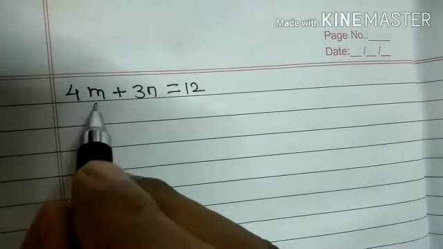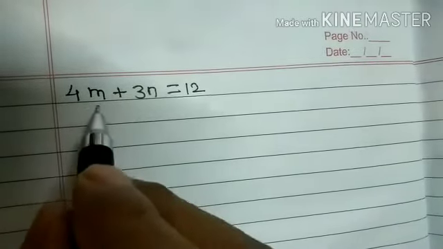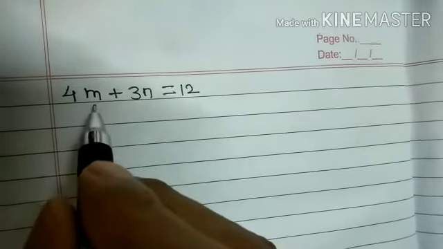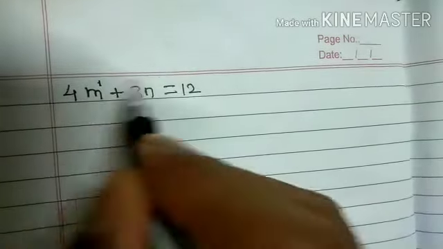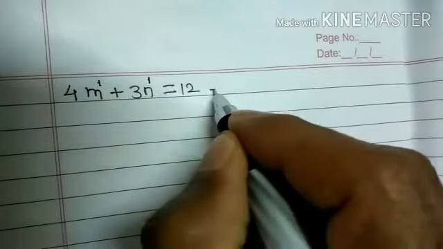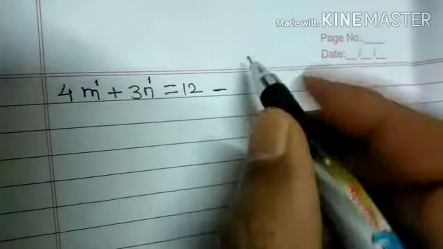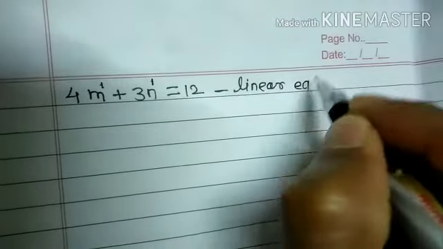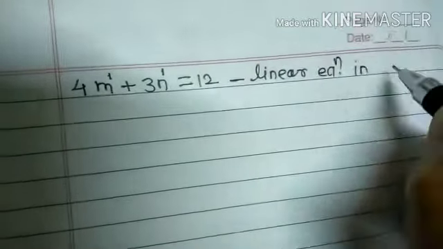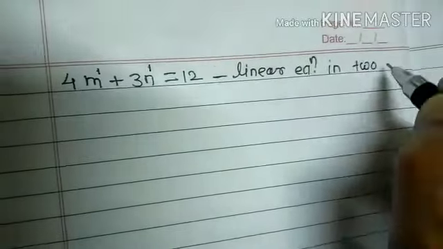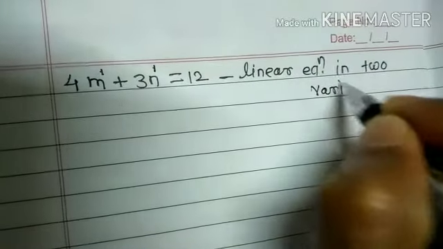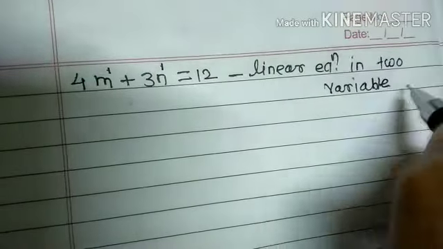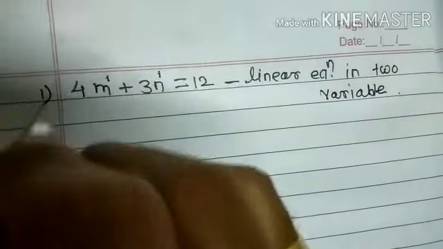Here m is a variable and n is a variable. Both variables have degree 1 and hence this is a linear equation in two variables.